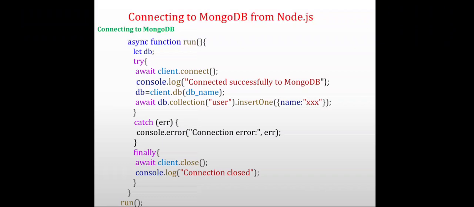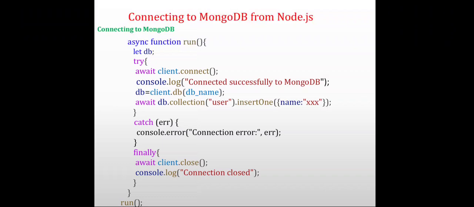If any problem occurs while connecting to the database or inserting the document, execution immediately moves to the catch block. Here we use console.error to display the error message. We need to use meaningful error messages that help developers quickly identify and resolve problems during development and testing.